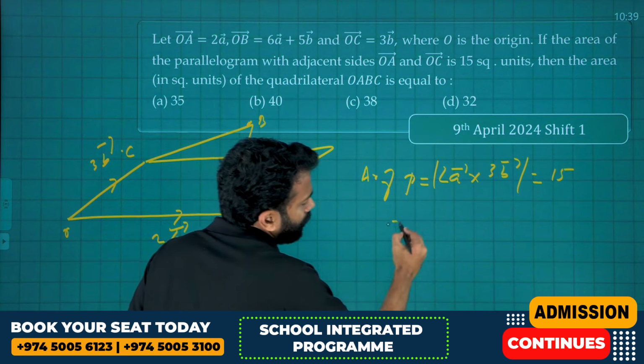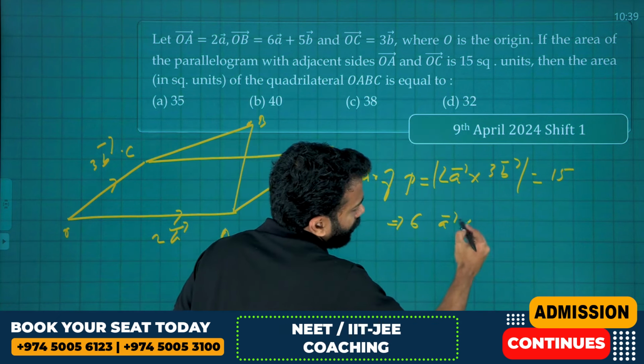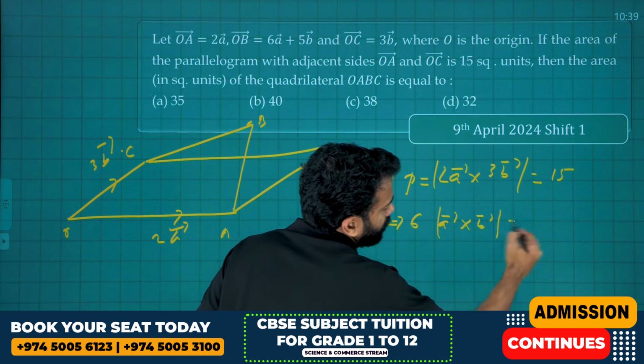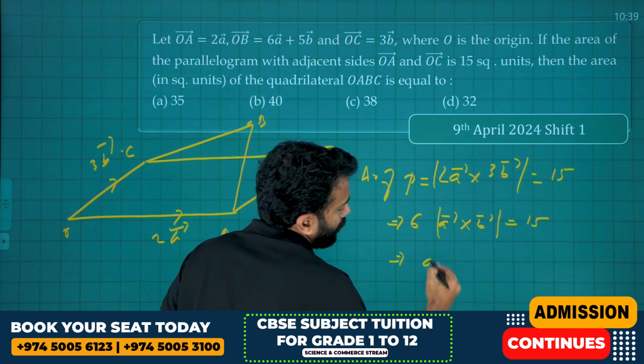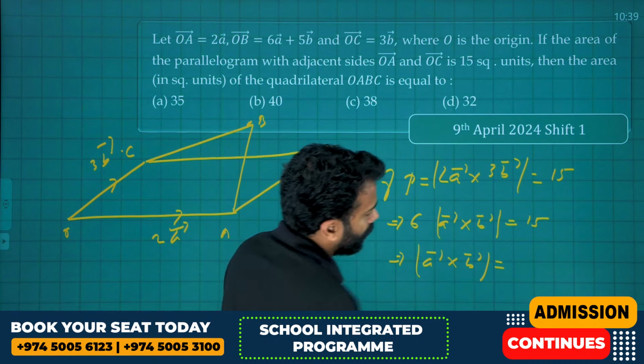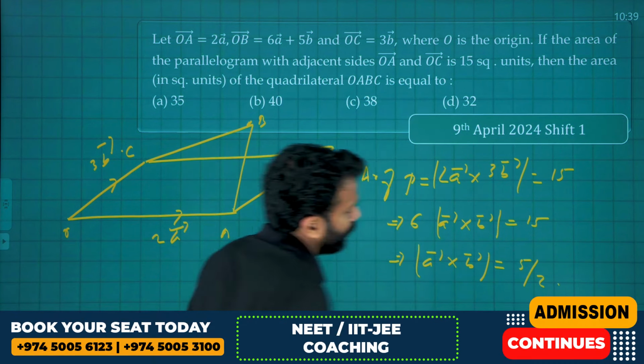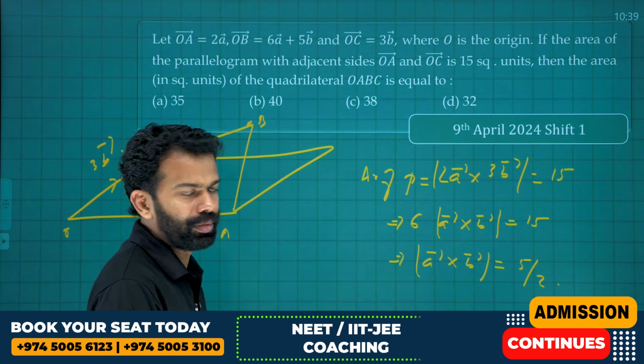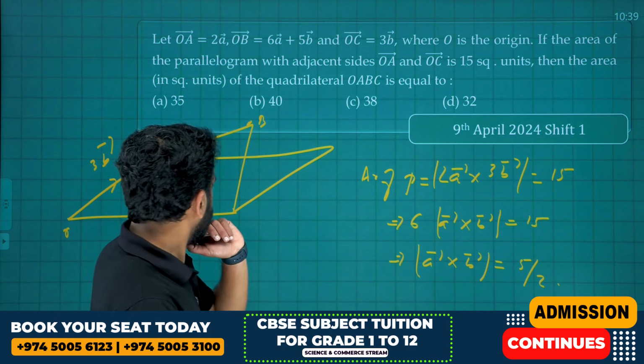We can write it like 6 into magnitude of vector A cross vector B is equal to 15. Therefore, magnitude of vector A cross vector B is equal to 5 by 2. So what is the value of magnitude of vector A cross vector B? 5 by 2.